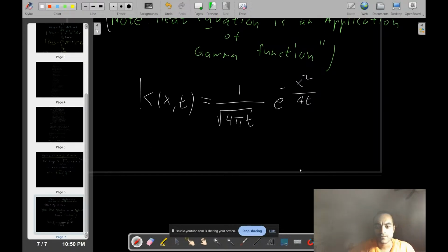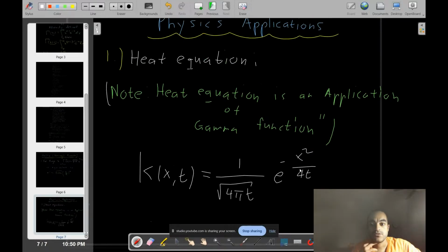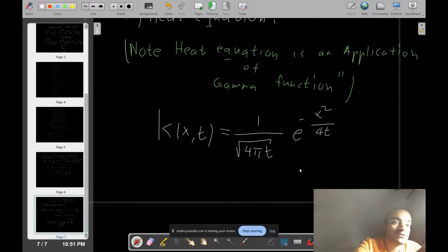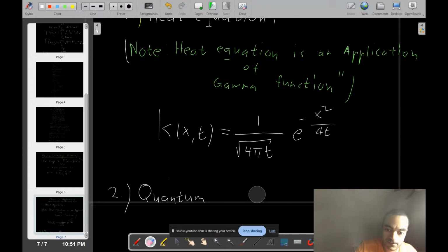Number two, the gamma function is often used in quantum mechanics. So it has applications in quantum mechanics as well.